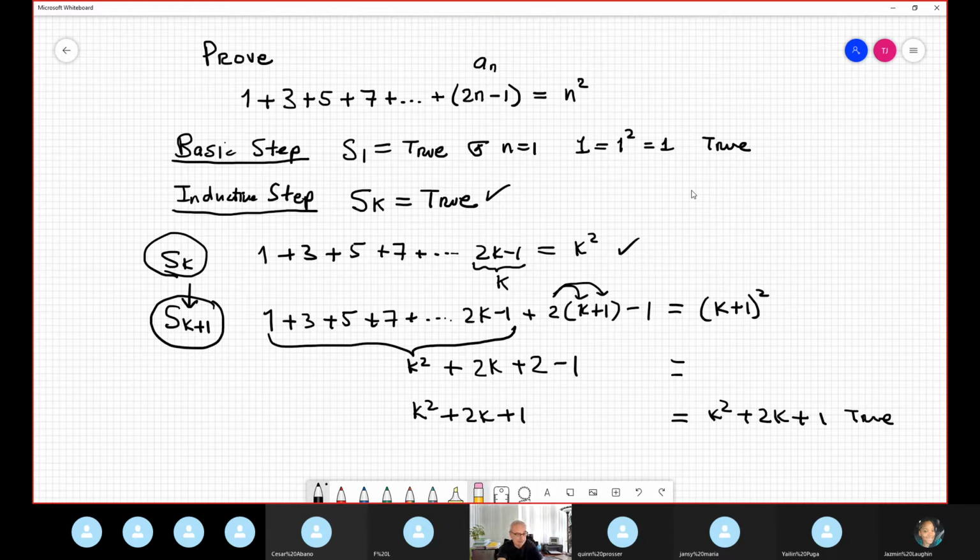It's relatively easy. Basically, assume that a sub k is true, prove algebraically that a sub k implies a sub k plus 1 is true, and this continues forever. Any question? Confusing? Clear?